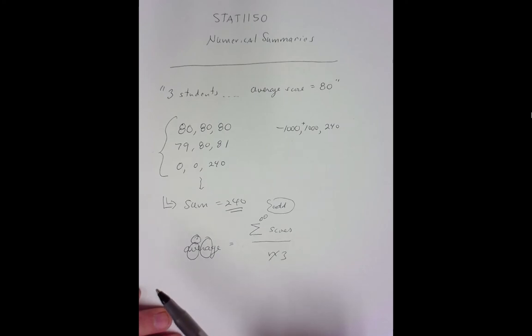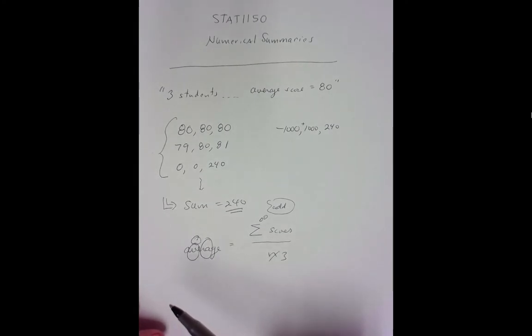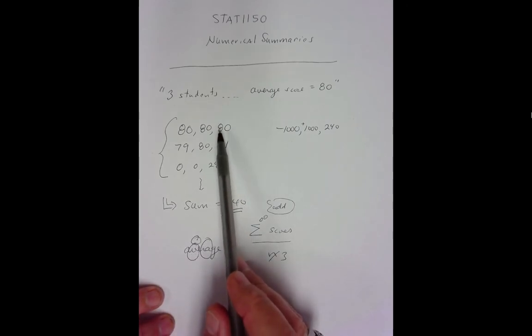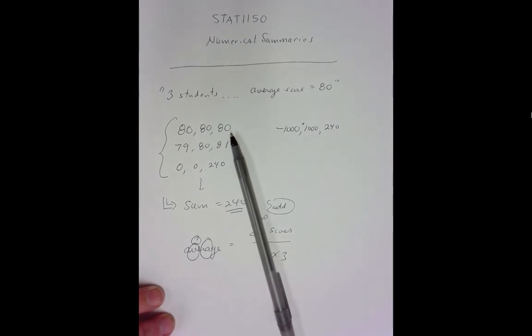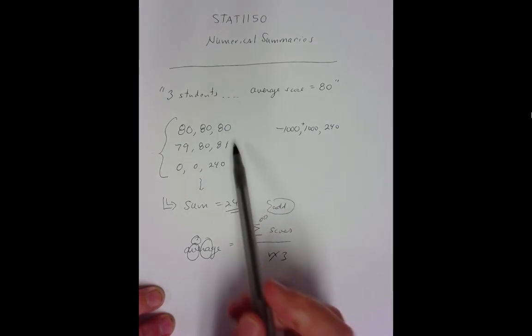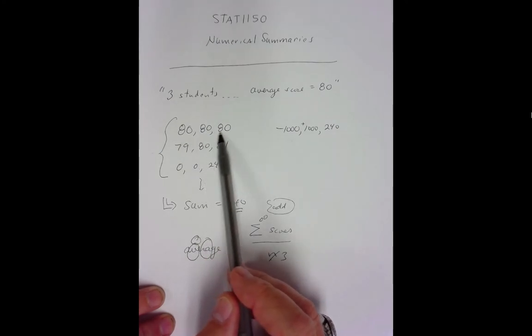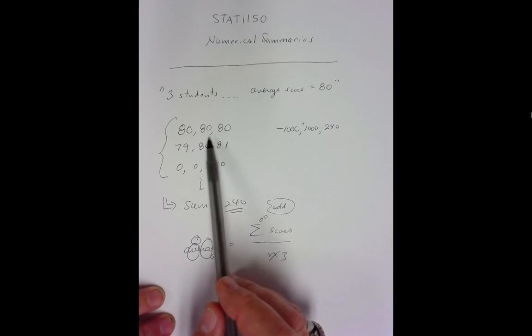But there's a bigger picture being made here. There's a more important issue that I want to stress. What makes these data unique are the variation, the consistency. There's no variation here. All 3 students scored the same.